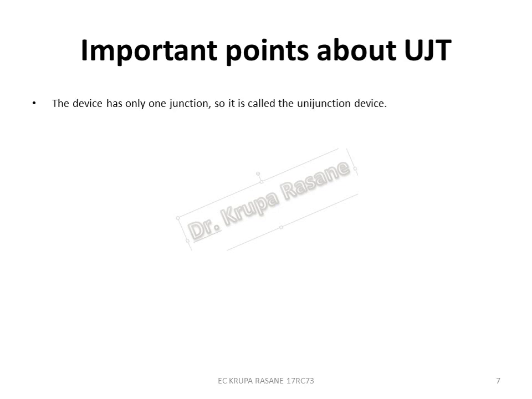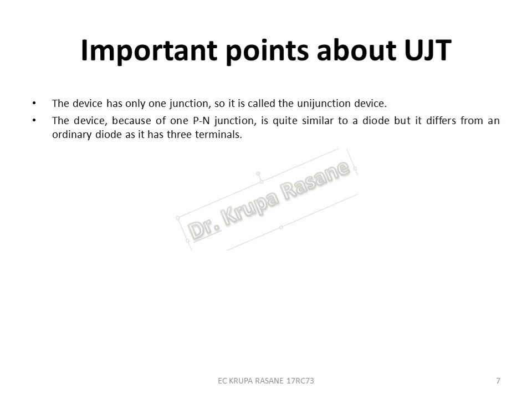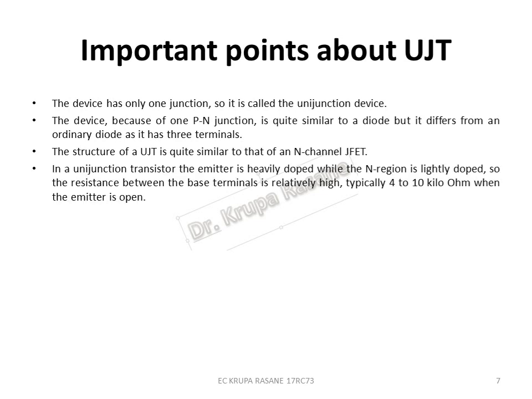The device has only one junction, and so it is called a unijunction device. The device, because of one PN junction, is quite similar to a diode, but it differs from an ordinary diode as it has three terminals. The structure of UJT is quite similar to that of an N-channel JFET.